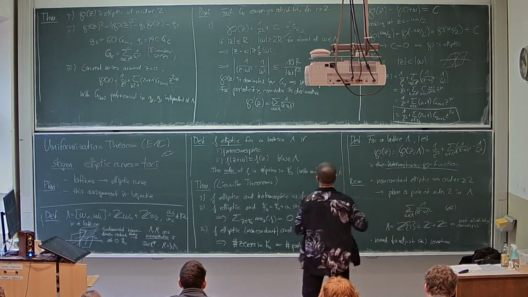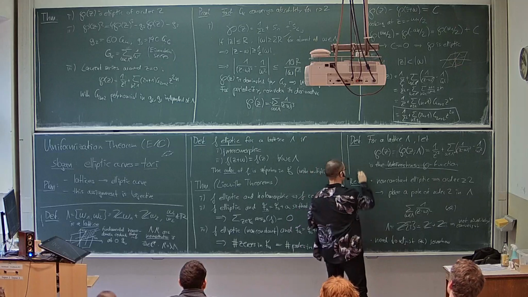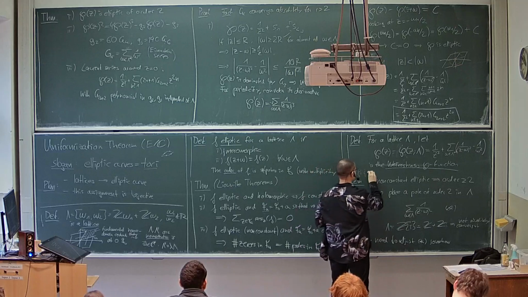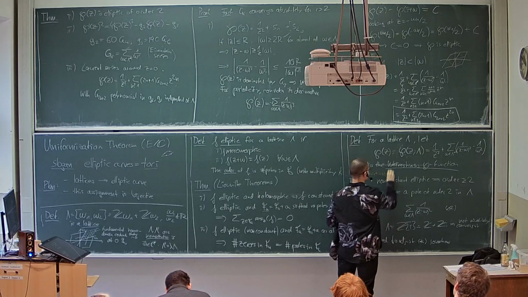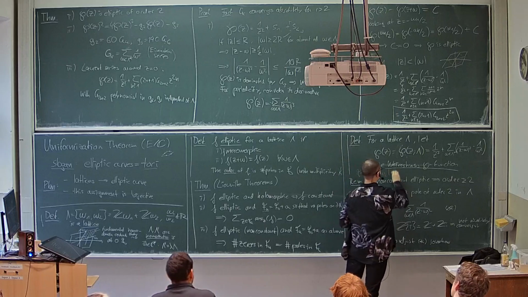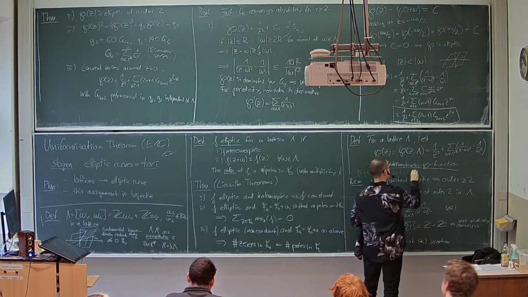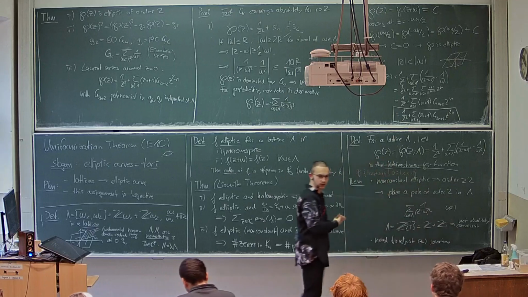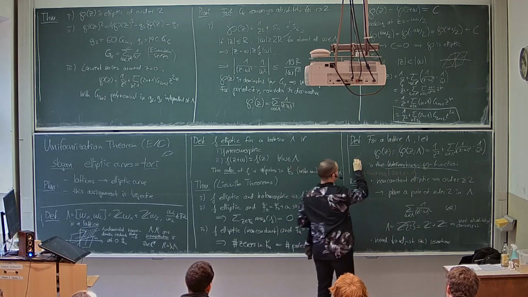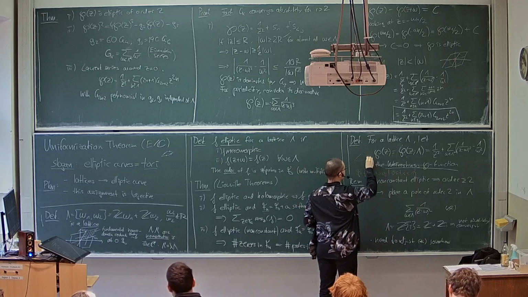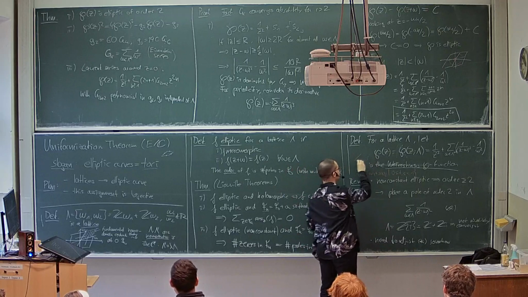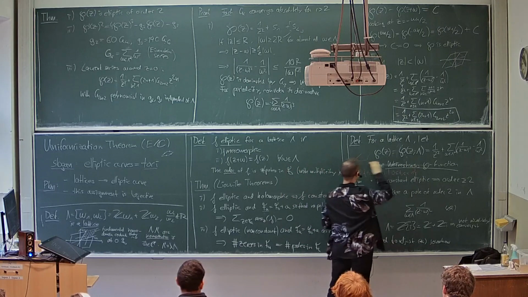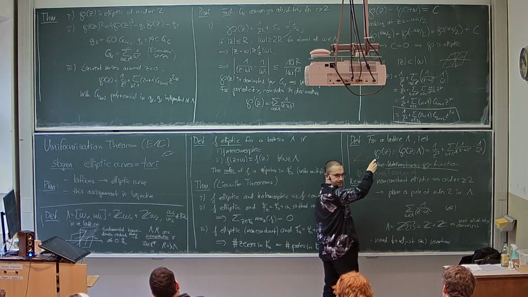Let me write this down explicitly here. These are the points t omega 1 plus s omega 2 for t, s between 0 and strictly under 1. So this is this part here. And then I want to count the number of poles within this part. So I have one pole here of order 2 and nothing else by construction.